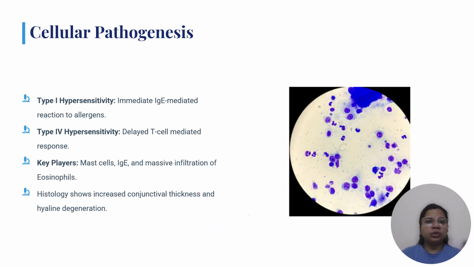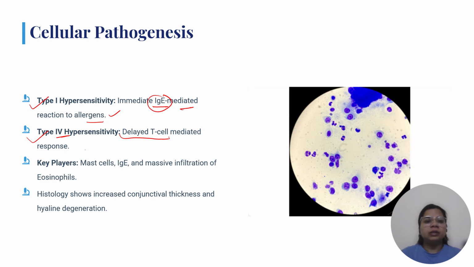Next, the cellular pathogenesis. First of all, it is a type 1 as well as type 4 hypersensitivity reaction. In type 1 hypersensitivity, there is an immediate IgE release reaction to the antigens. Type 4 hypersensitivity is a delayed T cell mediated response.